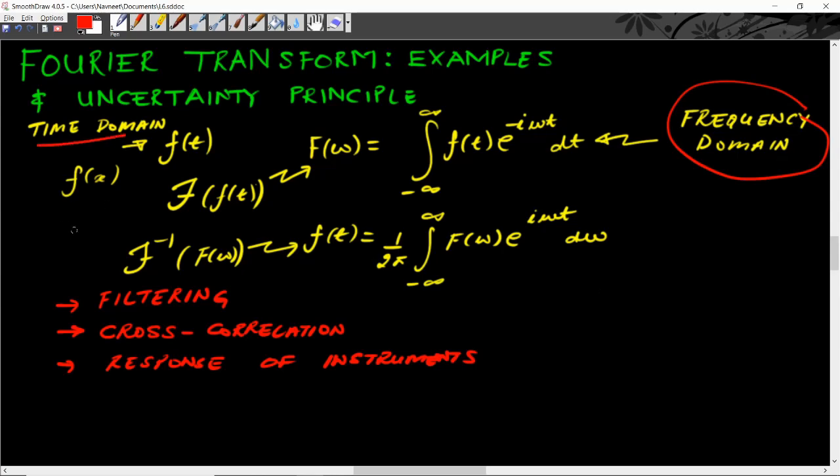So we'll discuss the applications of the Fourier transform in experiments later in detail, but in this lecture we'll look at a few examples of how to compute the Fourier transform.